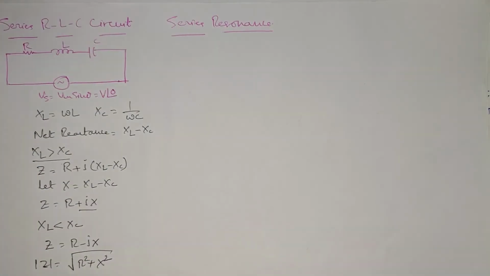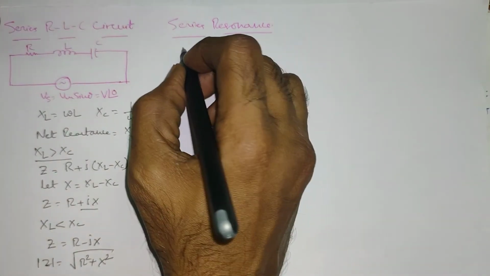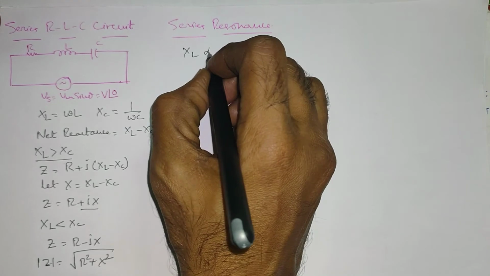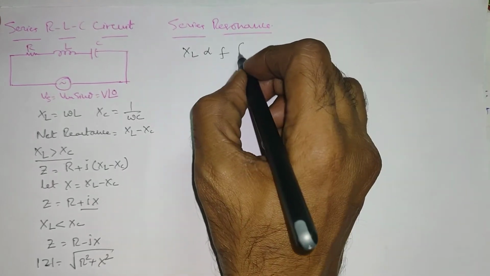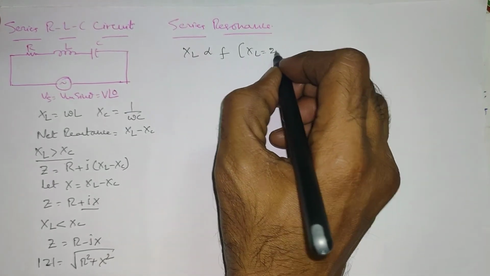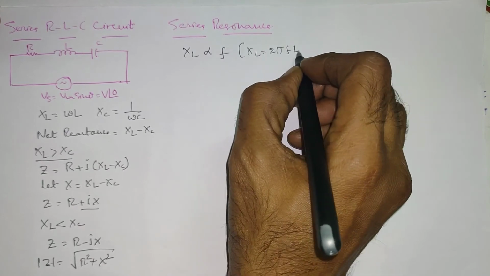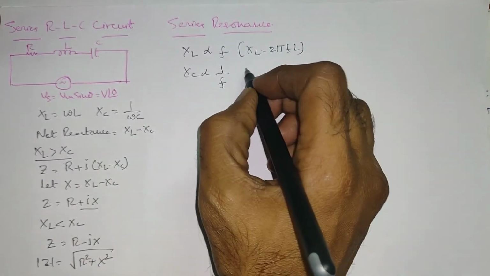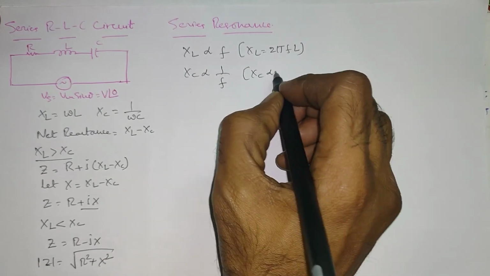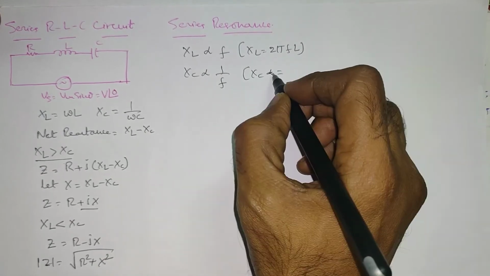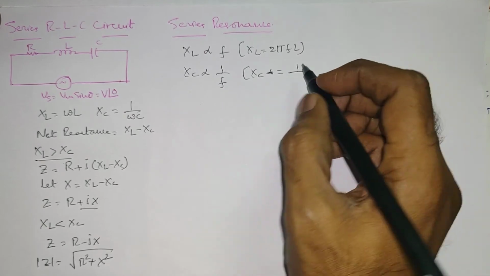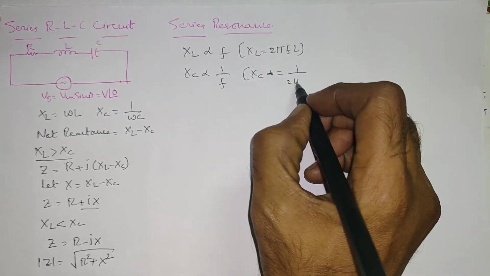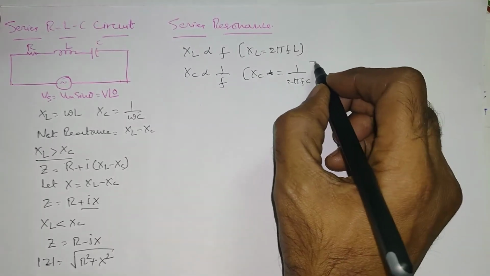Here the inductive reactance is proportional to the frequency, because XL is equal to 2 pi FL, and the capacitive reactance is inversely proportional to the frequency, because XC is equal to 1 by 2 pi FC.